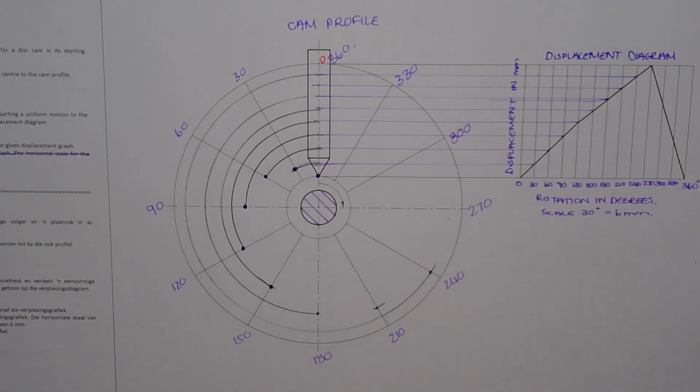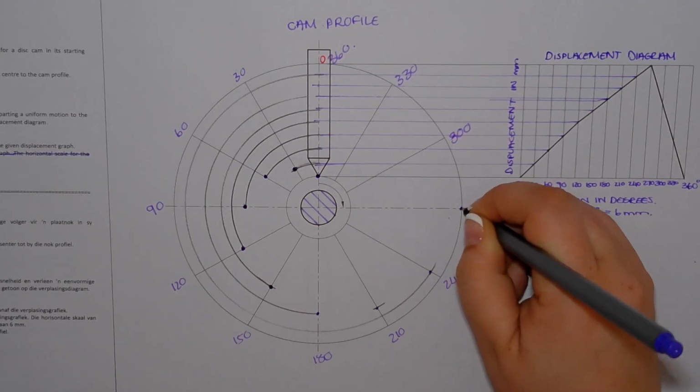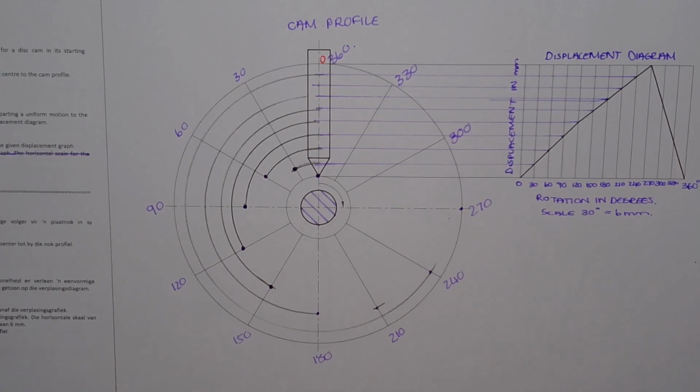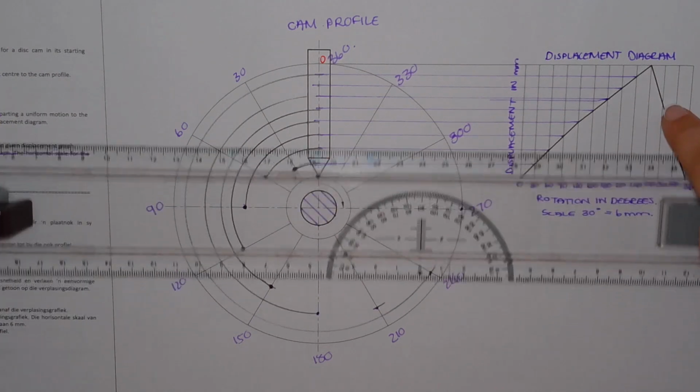So the next one, 270, is on the highest point. So I'm just going to make a mark here on the edge. Then I'm moving down to 300.